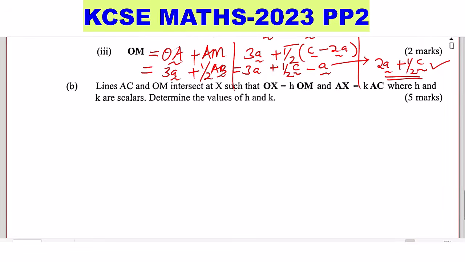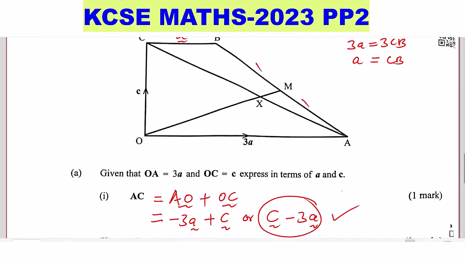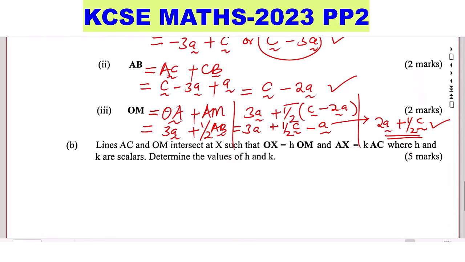Part B, lines AC and OM intersect at X, as you can see there, such that OX is equals to H OM and AX is equals to KAC, where H and K are scalars.